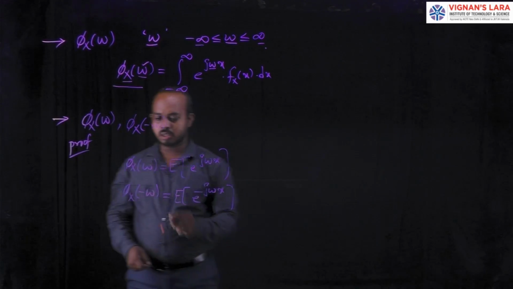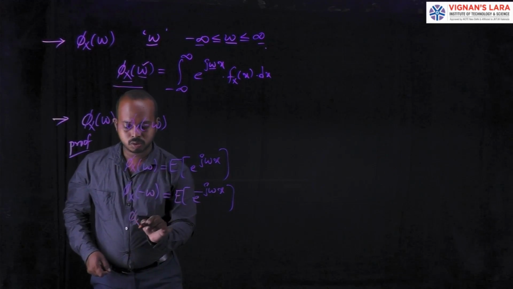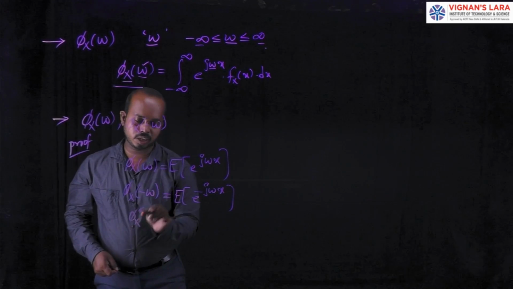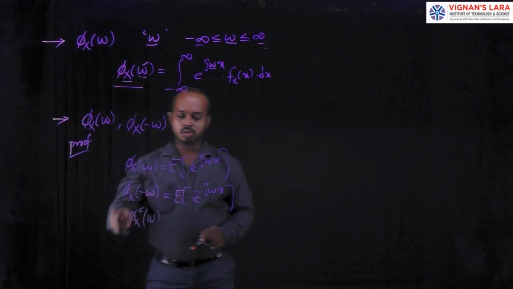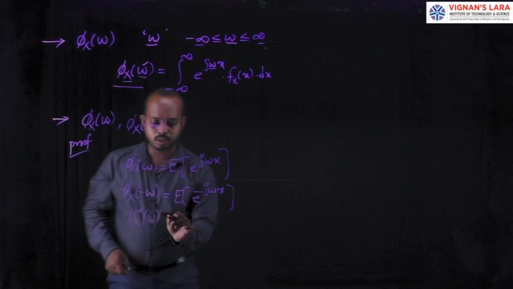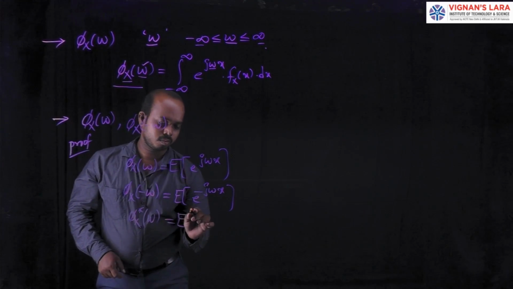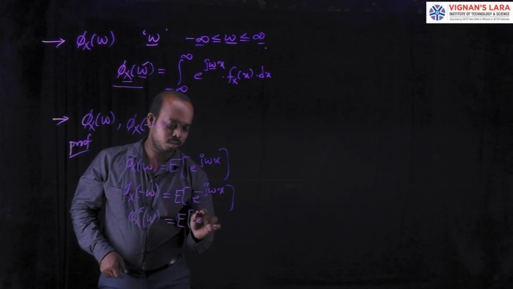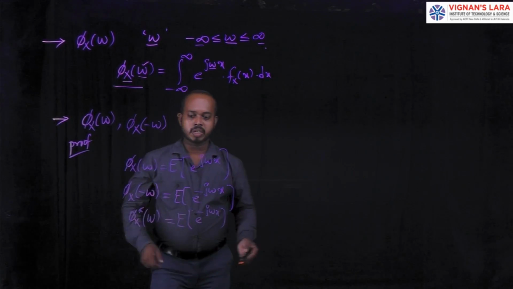We can represent this quantity in terms of phi x conjugate of omega. The conjugate represents the negative quantity, which is equal to the expectation of e power minus j omega x.